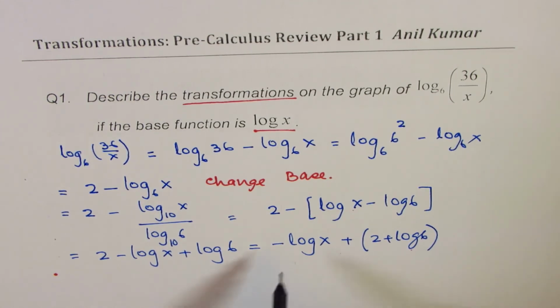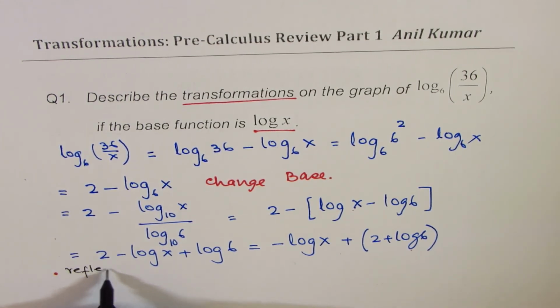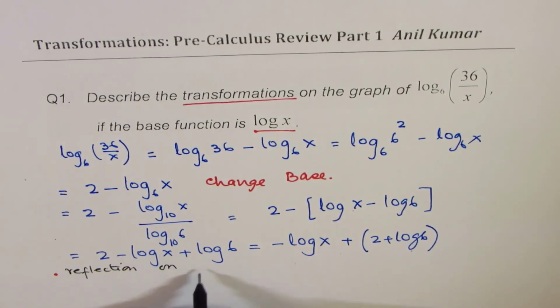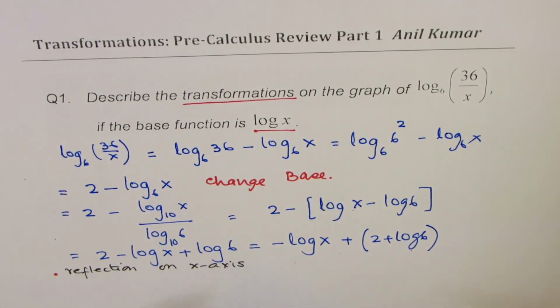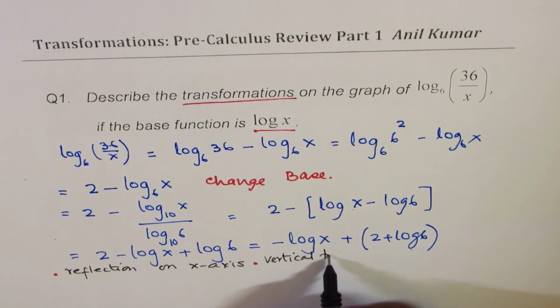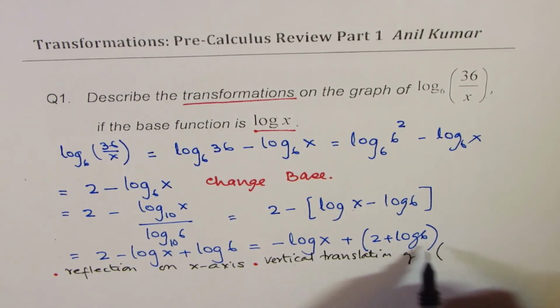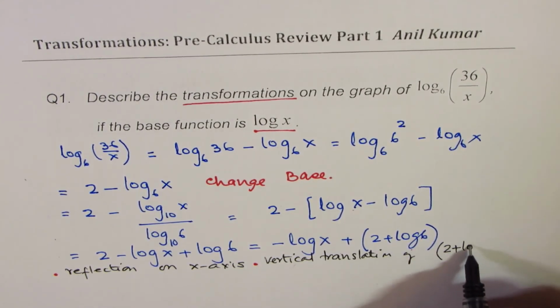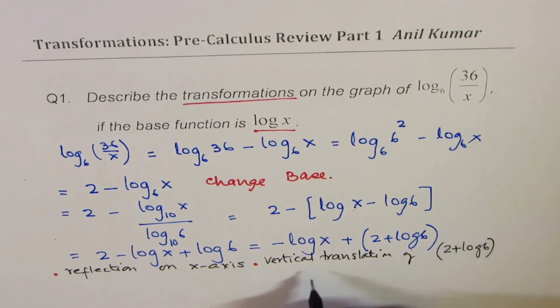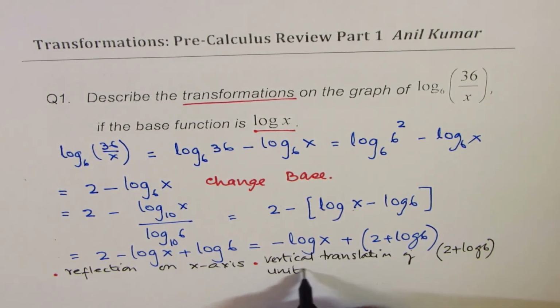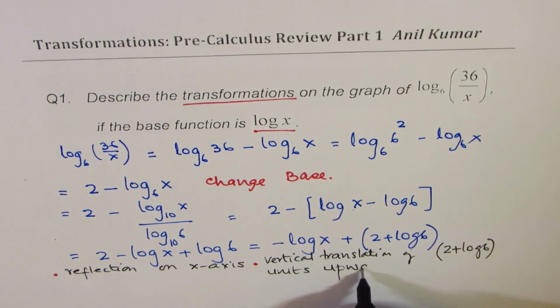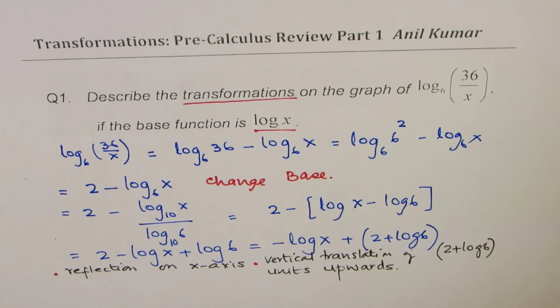So what we have here is reflection on the x-axis, and the other transformation is vertical translation of, so I'm not calculating this value, we are writing 2 plus log 6 units up. Does it make sense, right? So that becomes the transformation for the given function.